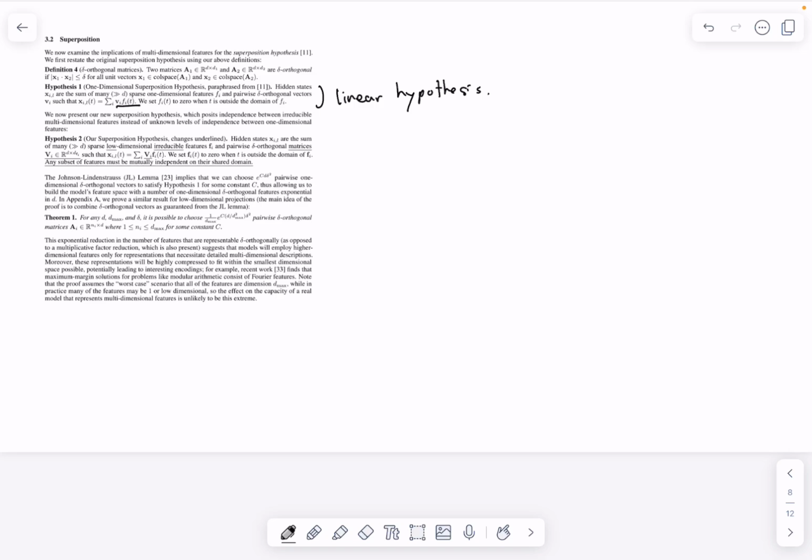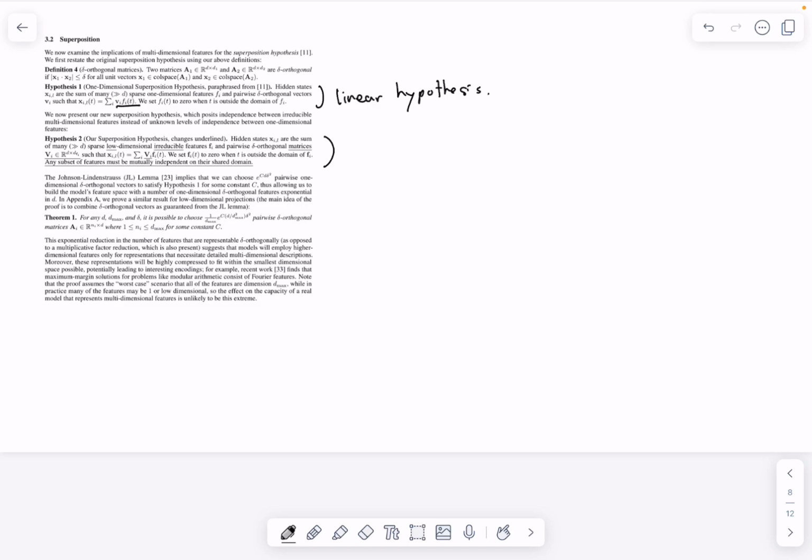Now we can say that these hidden states result from the inner product of matrices and multidimensional features. Moreover, the process of computing the linear product between orthogonal matrices and multidimensional features can be interpreted as a projection of high-dimensional data onto a lower-dimensional space.